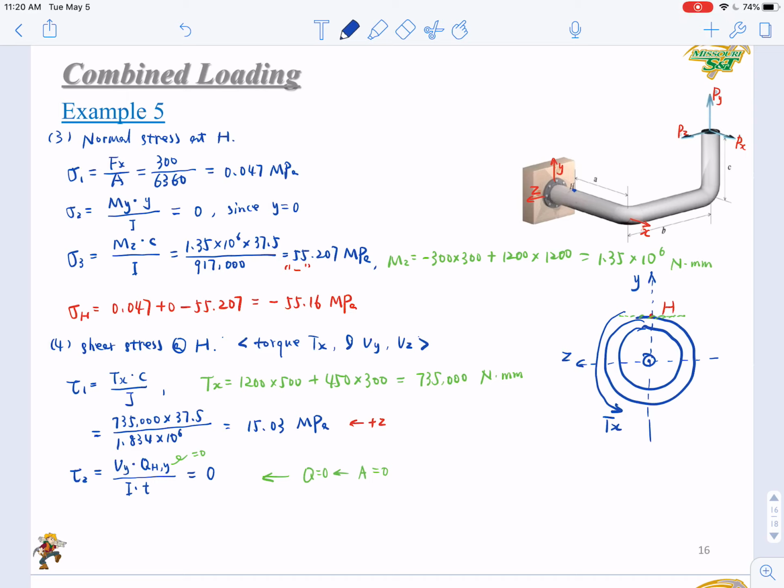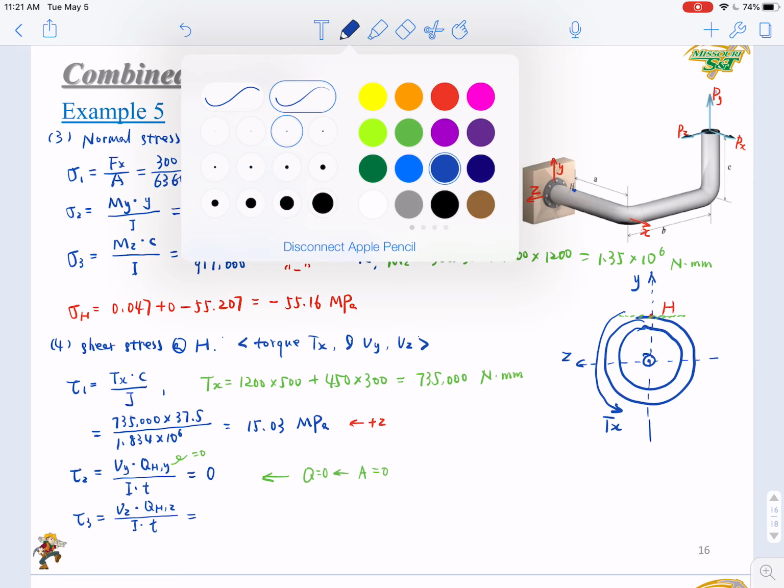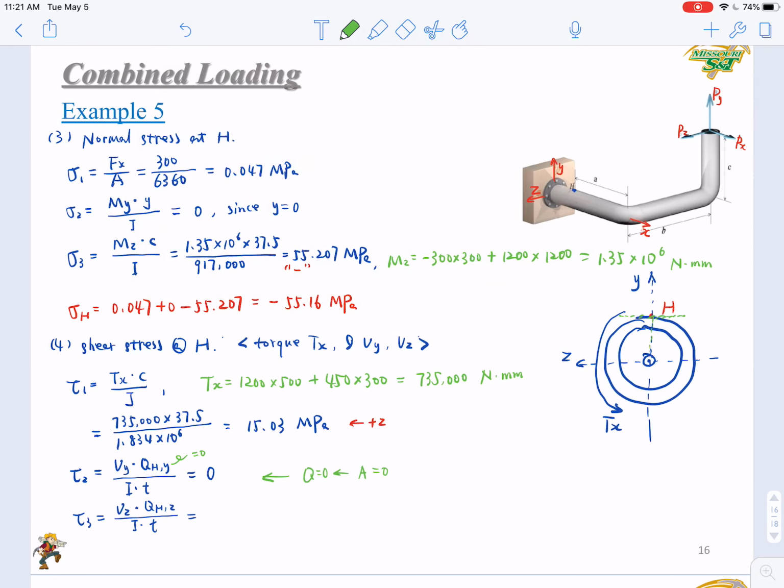Then how about the third component? Tau 3 due to Vz. Vz times QHZ over IT. In this case, when you use the Vz as a shear along the positive Z direction, you just cut it from here, and you get this area.